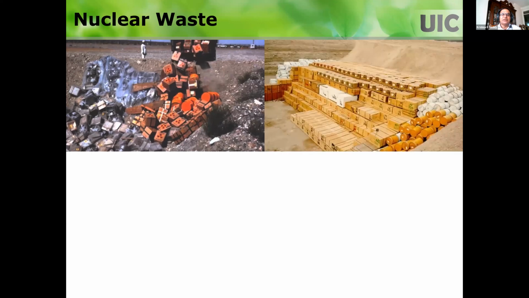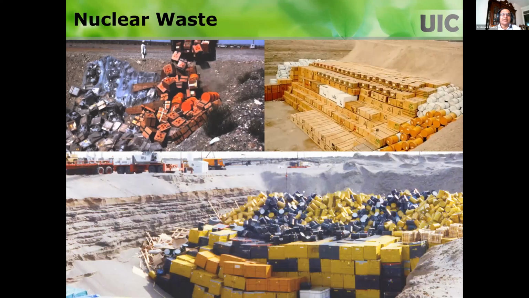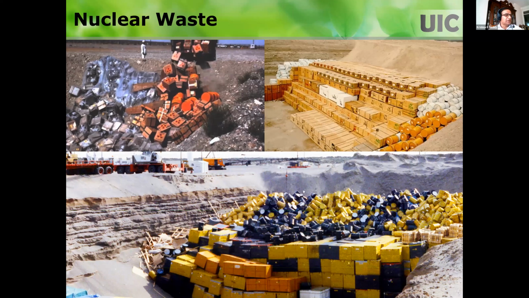Here, there are sophisticated containment systems that you have to develop to contain these wastes, so that the environment is protected and humans are not exposed to them. So this is a very high-level geoenvironmental problem that needs a very sophisticated geoenvironmental solution.